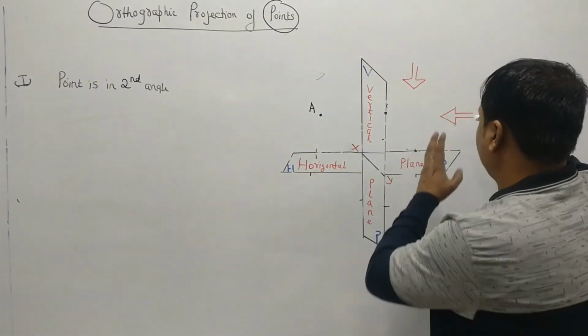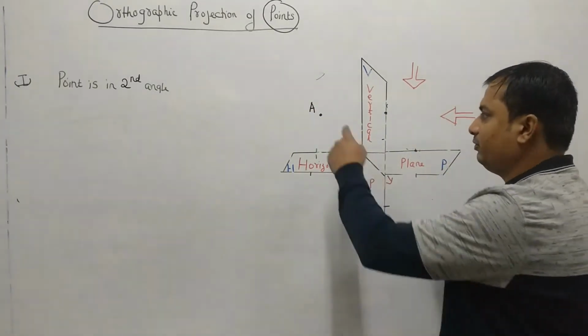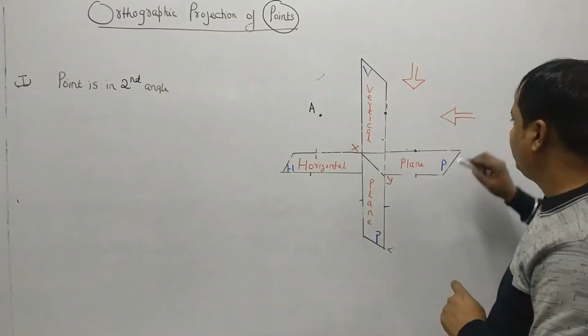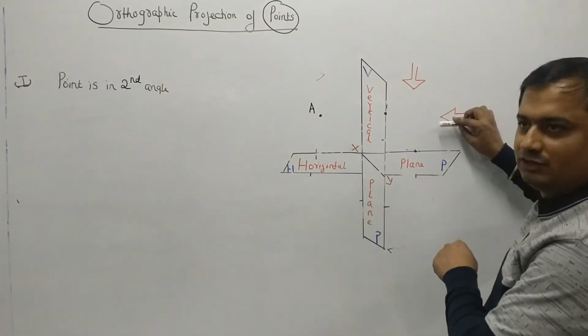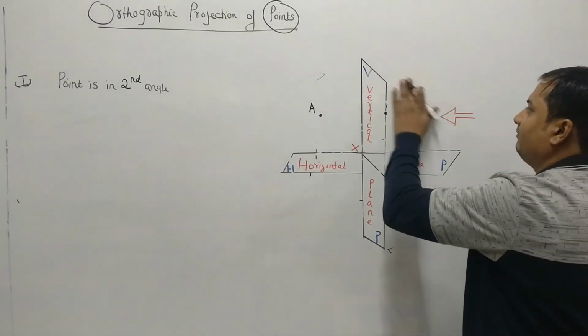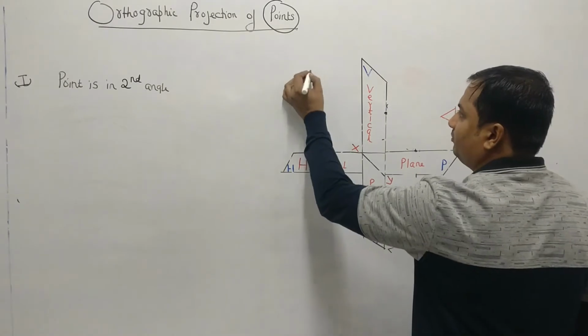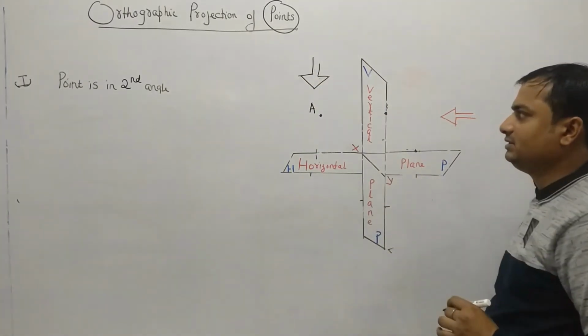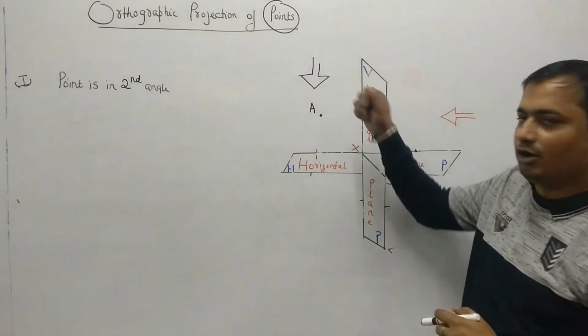He can see the front view of this point from here also, because the plane is transparent. So there is no requirement of shifting the location of the observer. But for the top view, we have to shift the observer, so he will be moving here. This is the observer looking from the top.